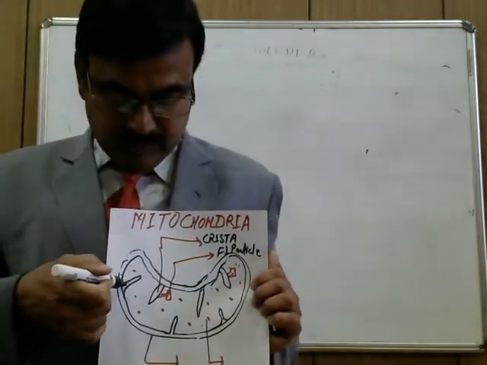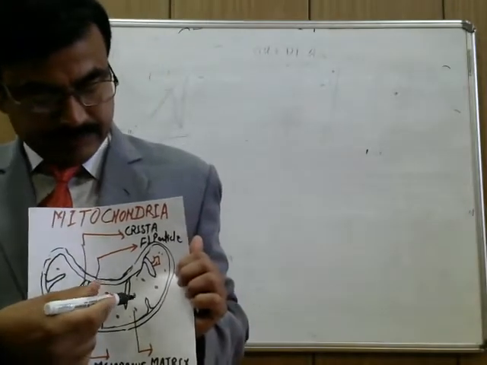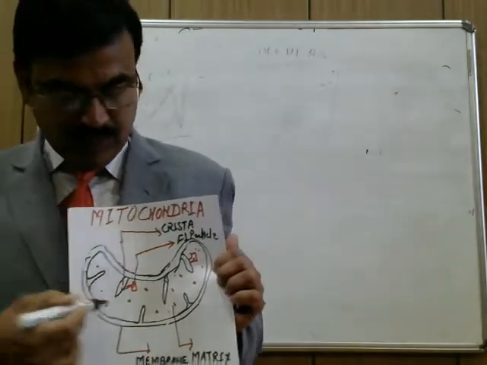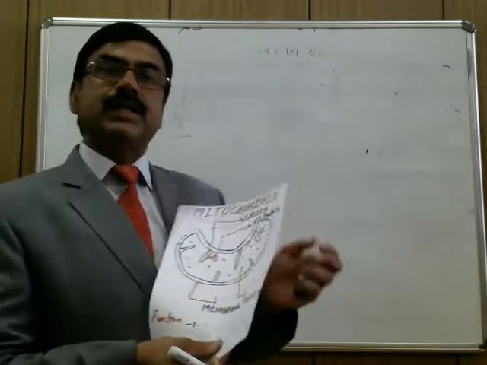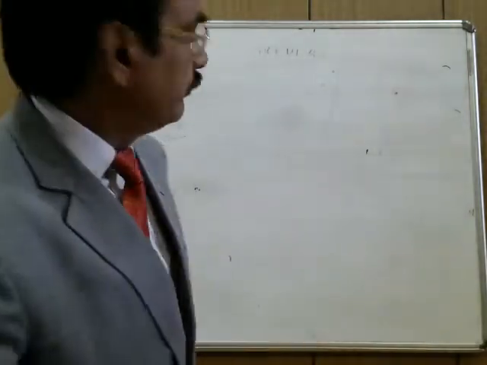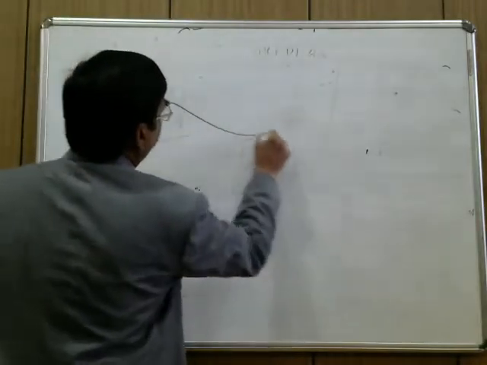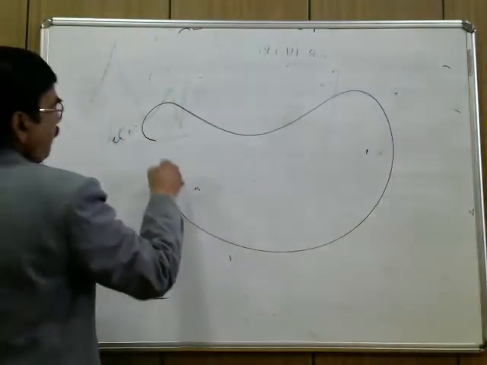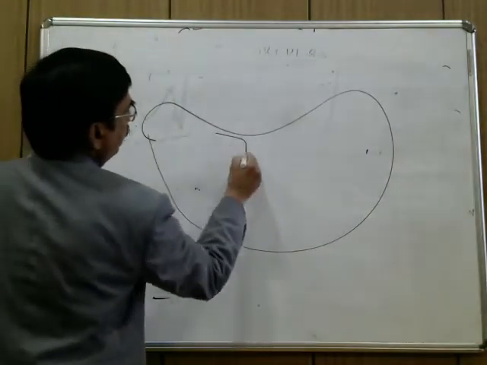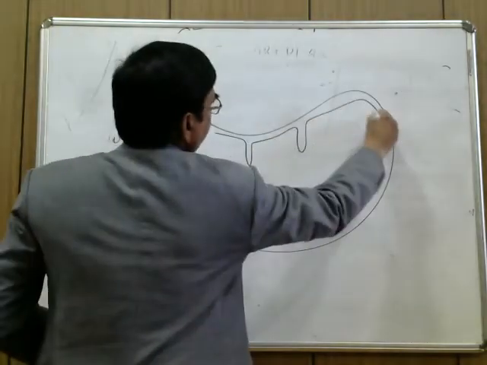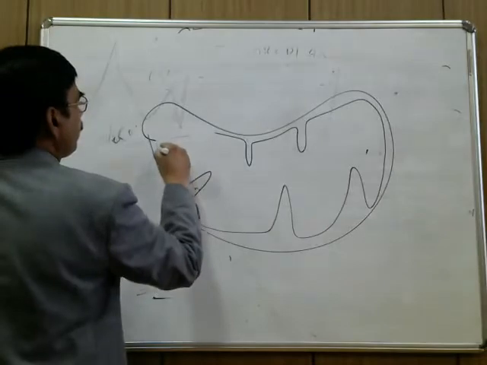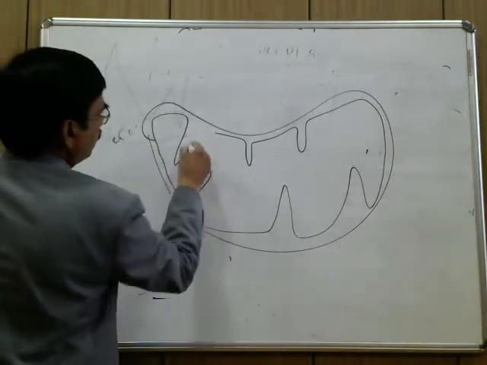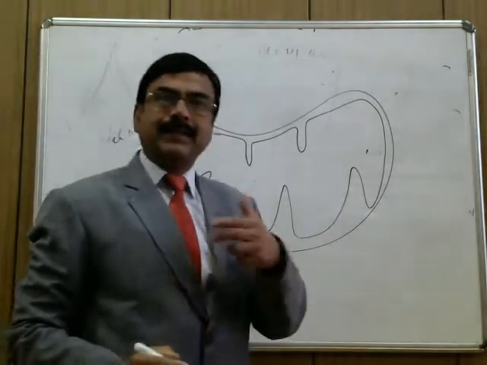In the mitochondria, when you go for the structure, you will see the inner finger-like projections. What are these structures?